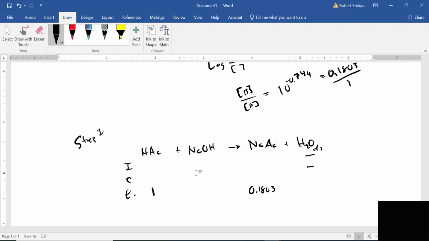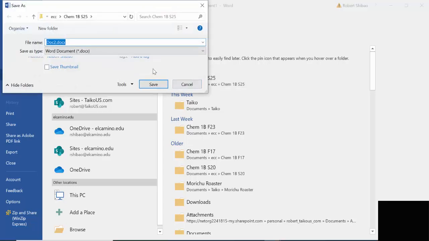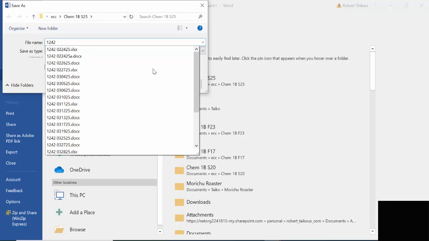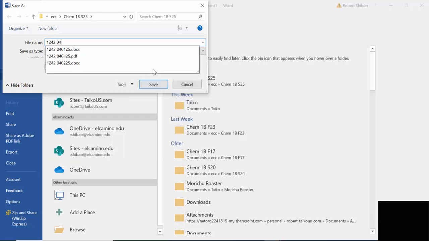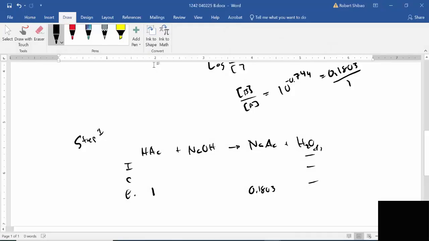So can you fill in the rest of the table for me? I just need this ratio. Can you go up a little bit?